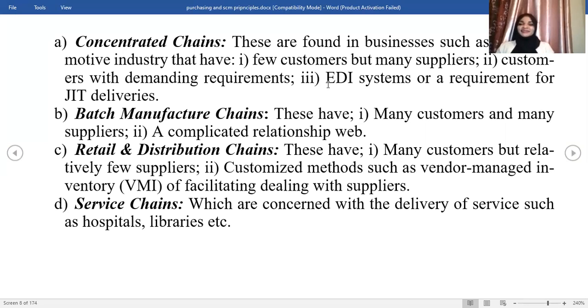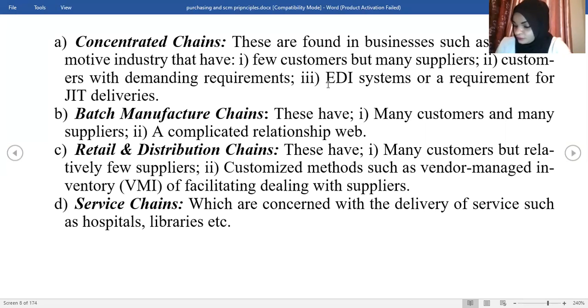For example, when you walk in town, hawezi tembea 10 steps without seeing an M-Pesa. Right, center, everywhere we have M-Pesa. So we have very many customers, and at the same time we have very many suppliers. So basically, they produce in batches.